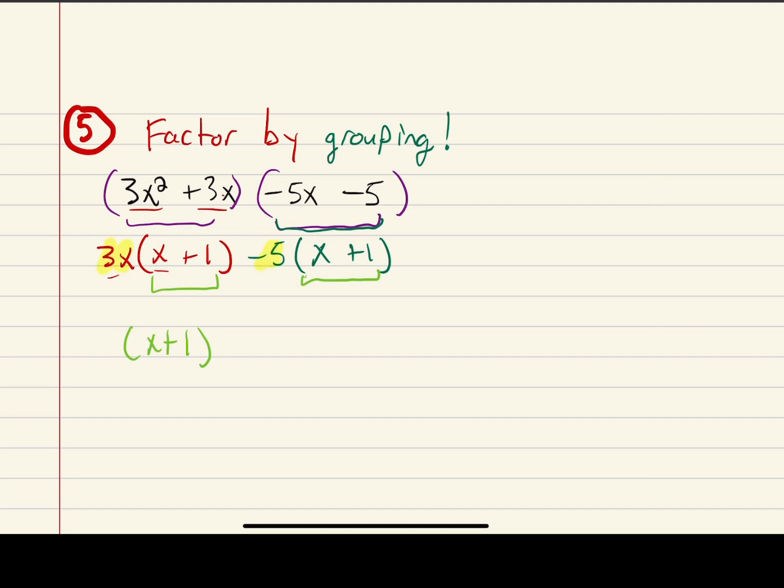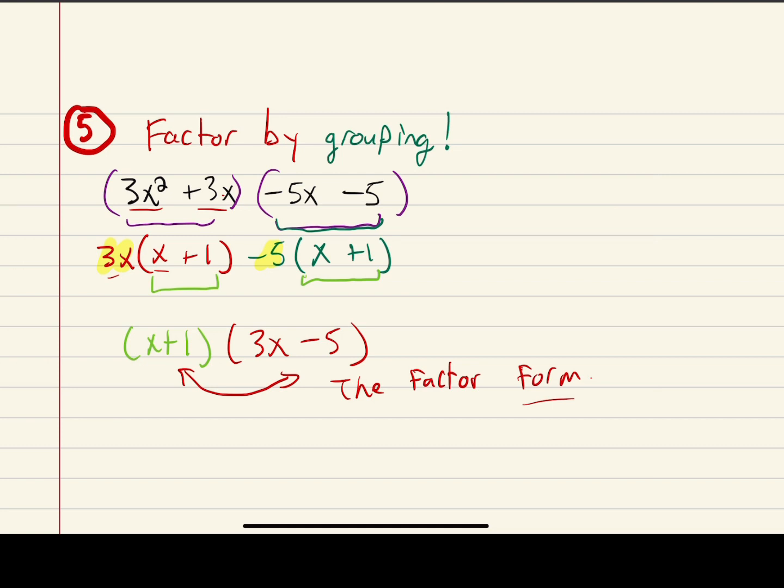Well, the 3x minus 5 remains. And these are the factors, or the factor form, of the original trinomial that we gave you.